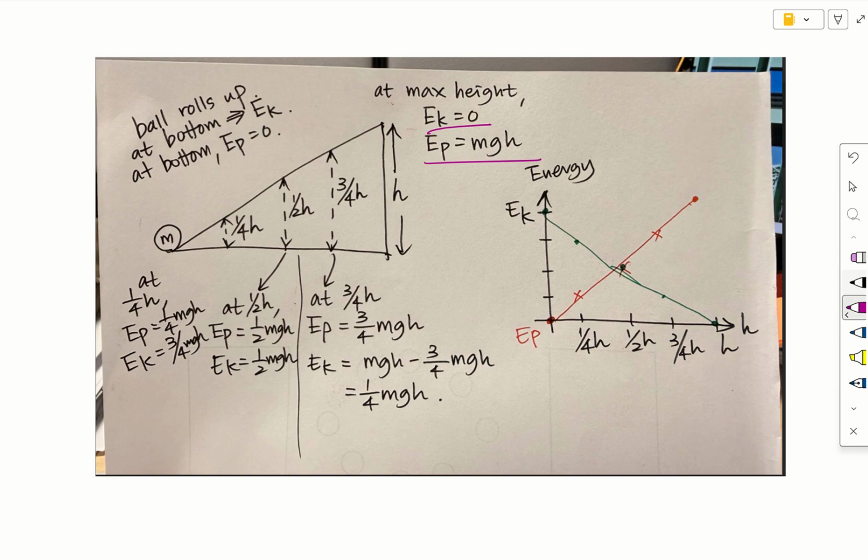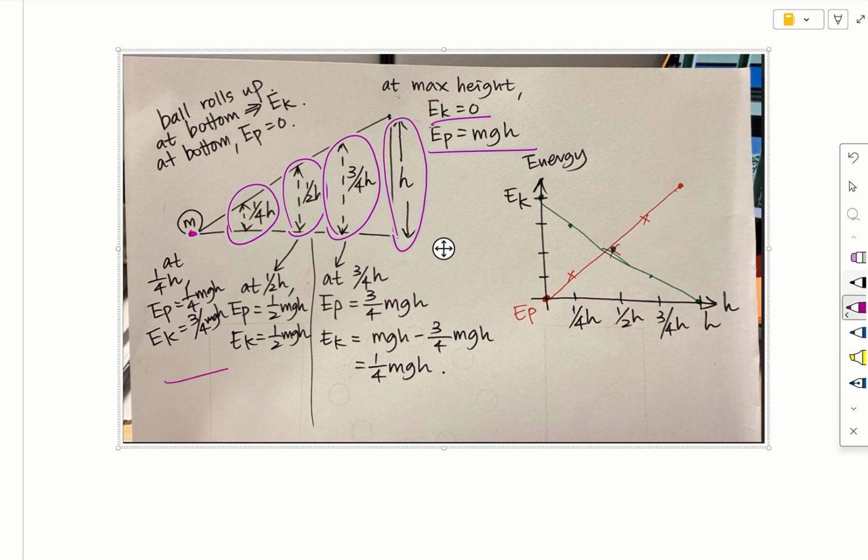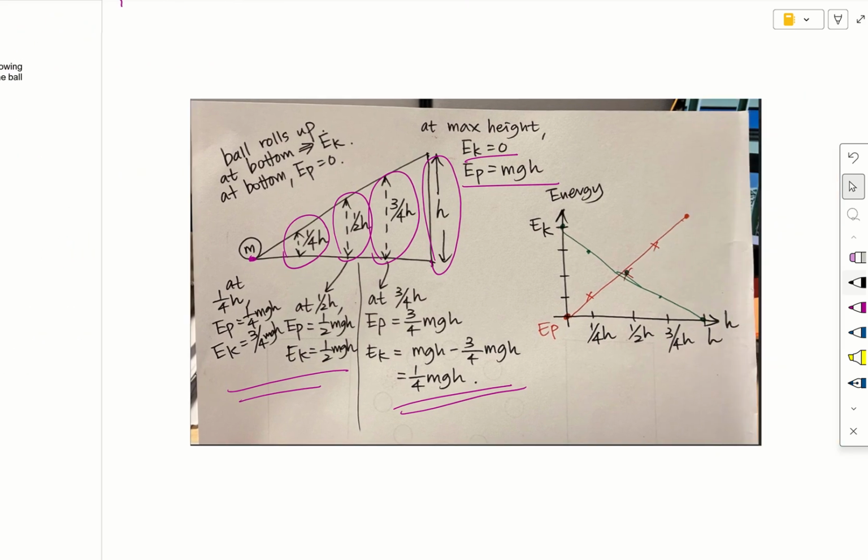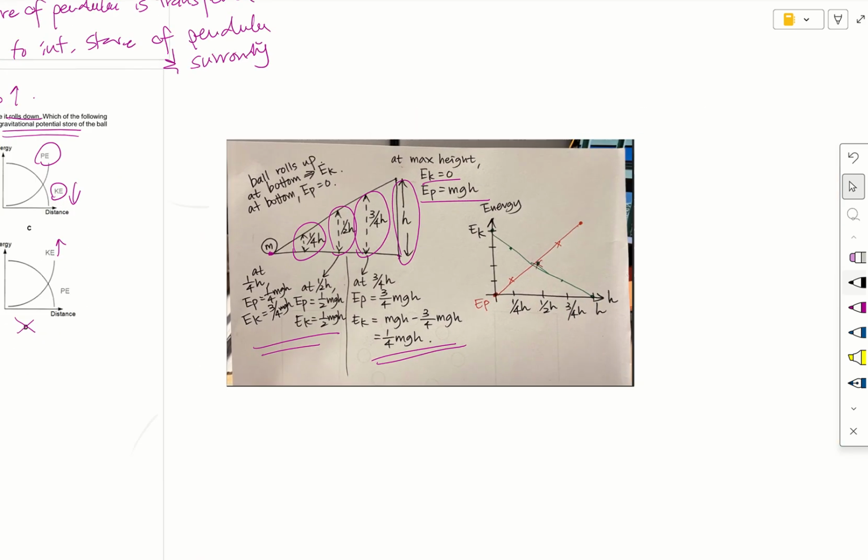If I separate it into 4 different stages, when it is at the bottom, and when it's 1/4 height, half height, 3/4 height, and h, I then do my calculation like that. That is when I apply the principle of conservation of energy, with no energy being transferred to the surroundings. So I can then plot a very nice graph to show that actually it changes linearly. So you may want to take a look at this.